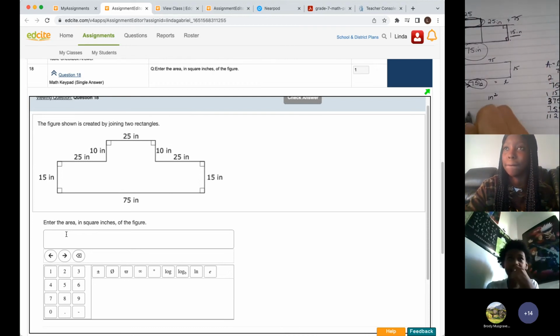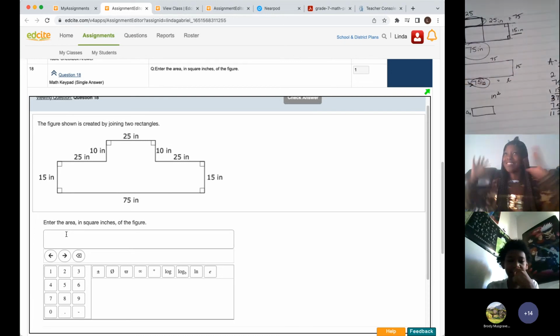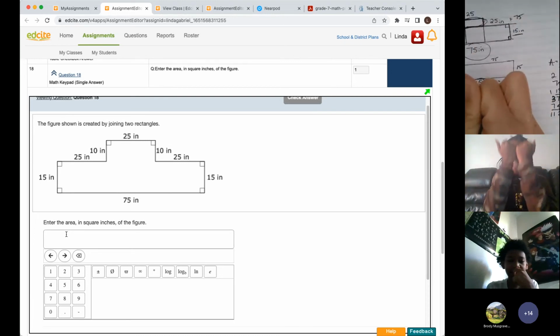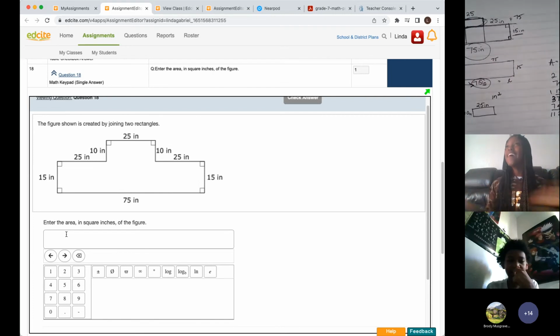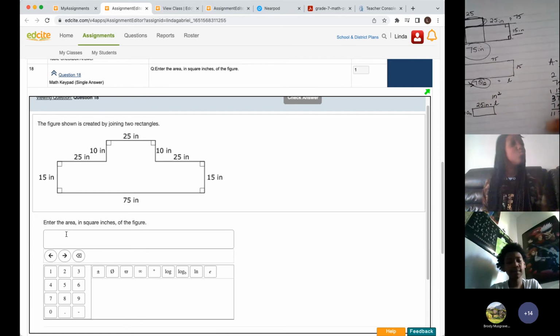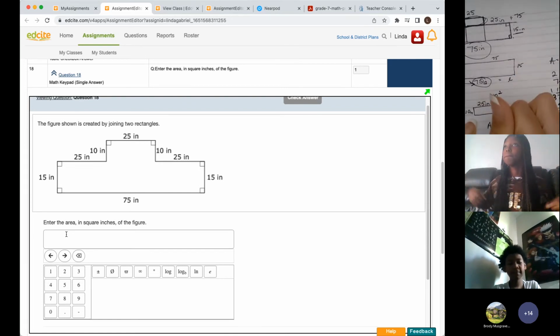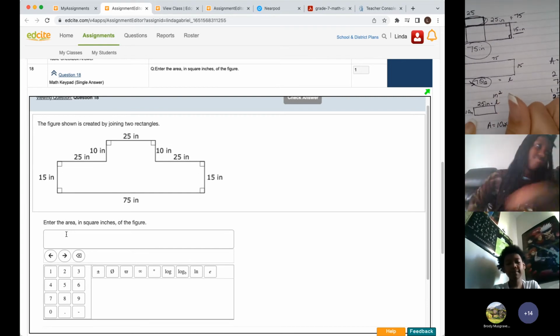All right, so the little rectangle right here, the side is labeled 10 inches. And the top is 25. I know I need to take the length and multiply it by the width, which is 10 inches. So the area of the smaller rectangle is going to be 10 times 25 inches.